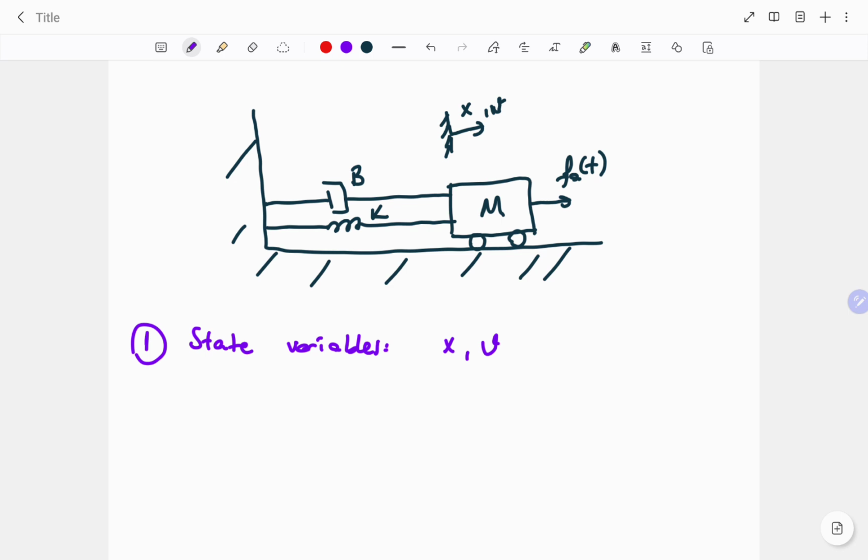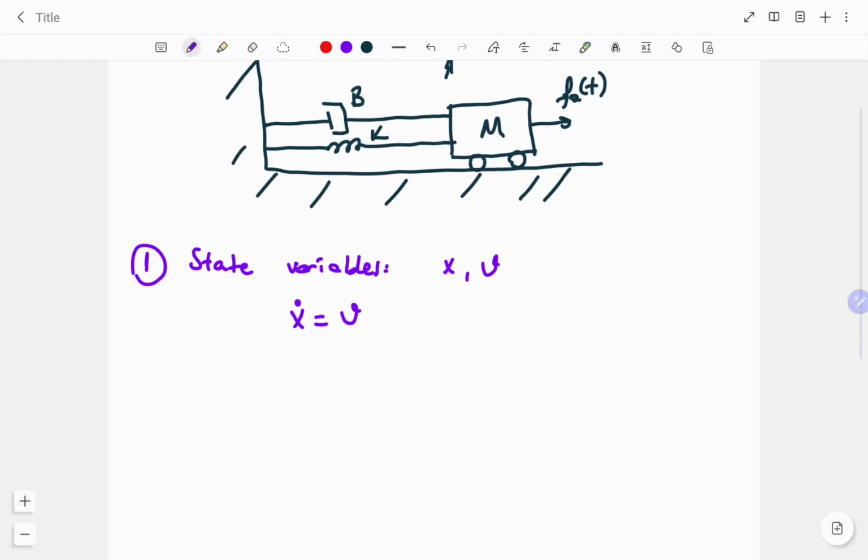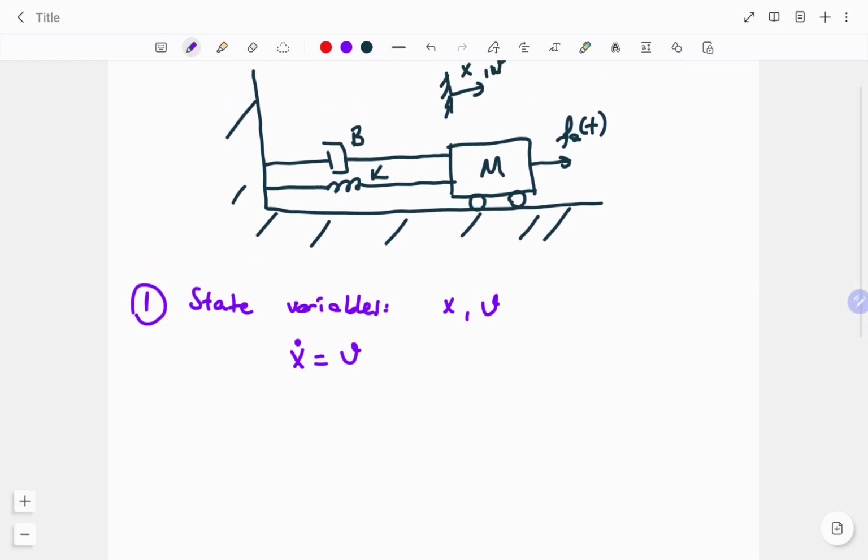As we know, we can write x dot, the first derivative of the displacement, will be equal to v, the velocity.